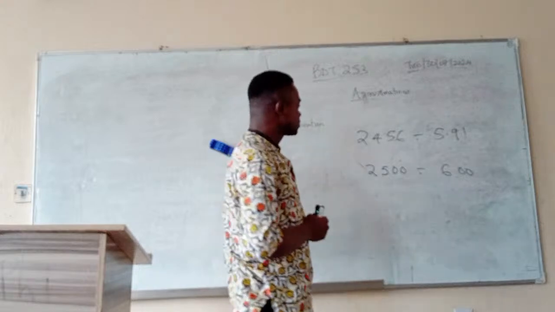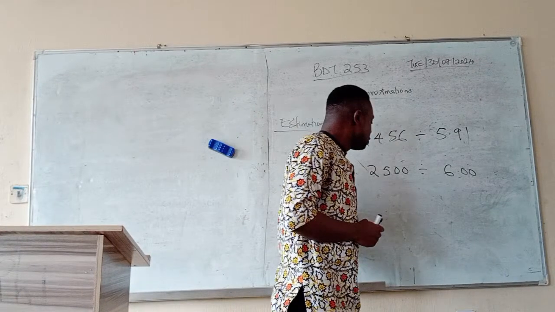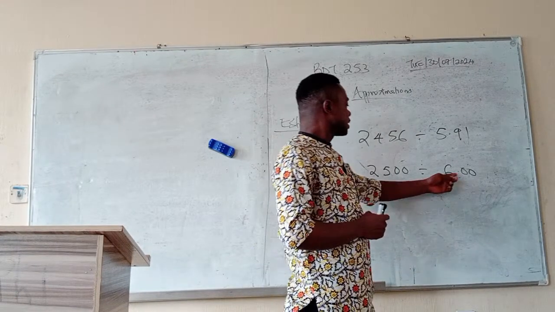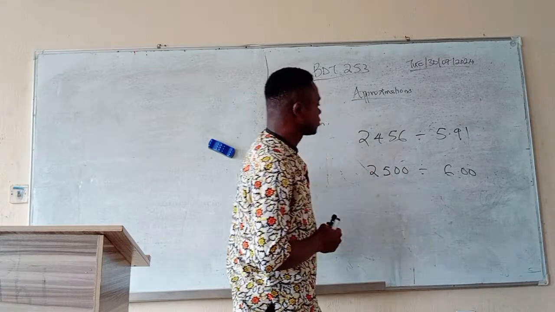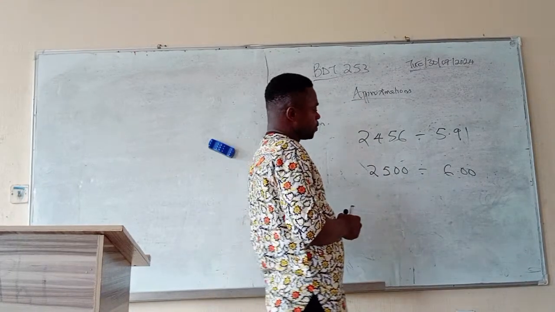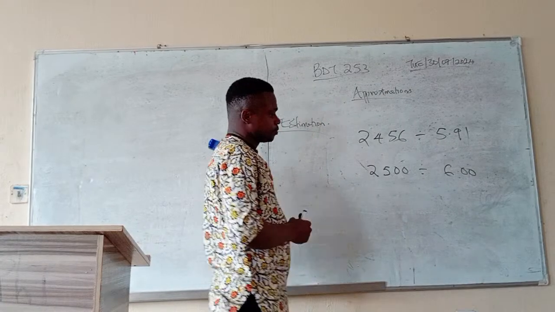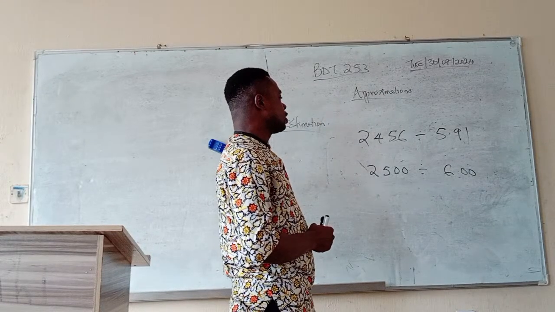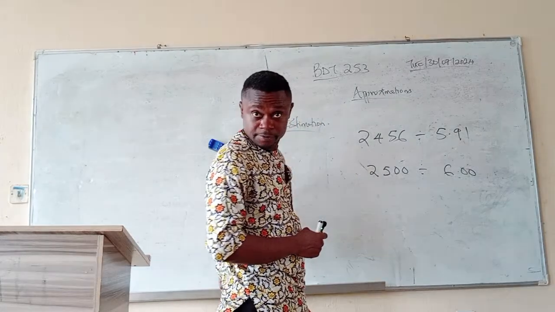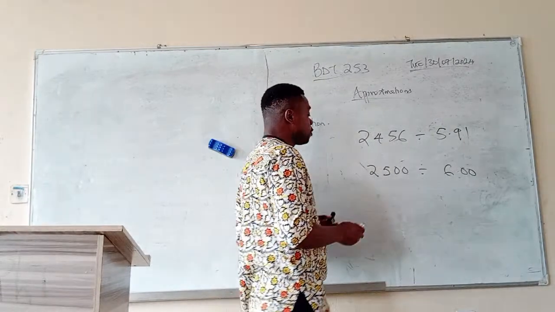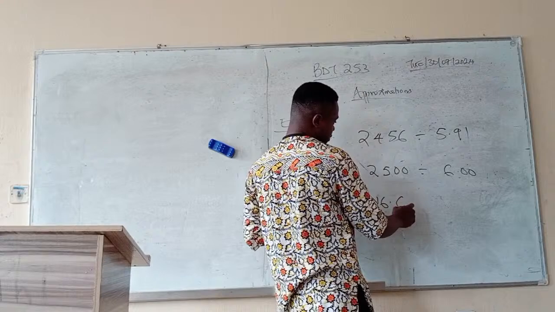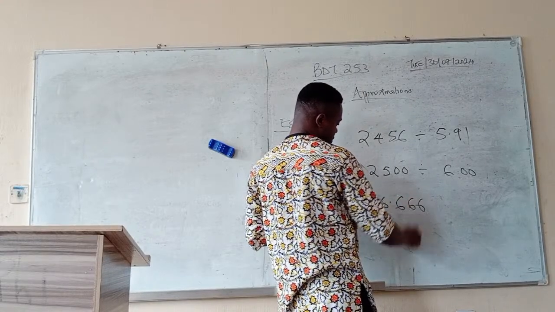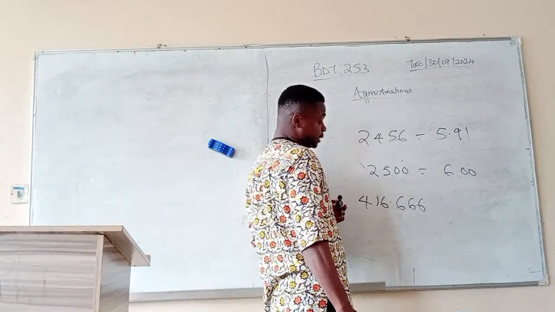So here, the big question now is this: how can this comfortably divide this? So what's the answer? 416.67.